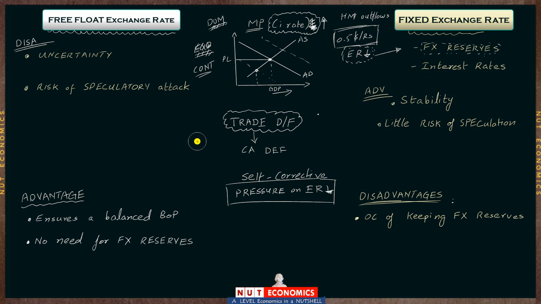Whereas अगर तुम्हारे पास free floating exchange rate है, then you have control over monetary policy for domestic reasons. Total control, I shouldn't say total control, let me think of a better word.